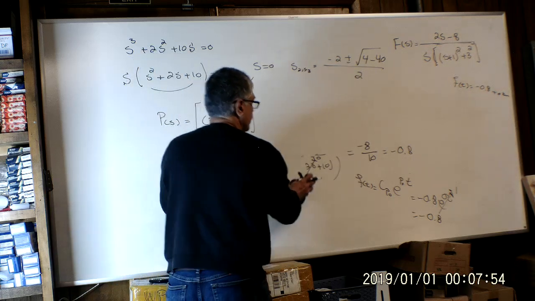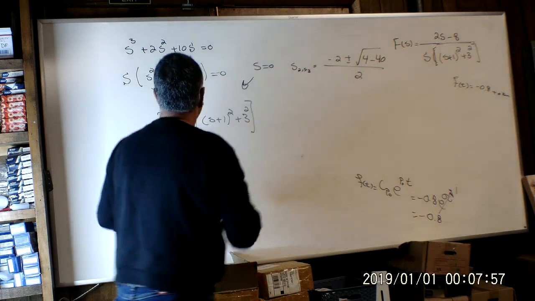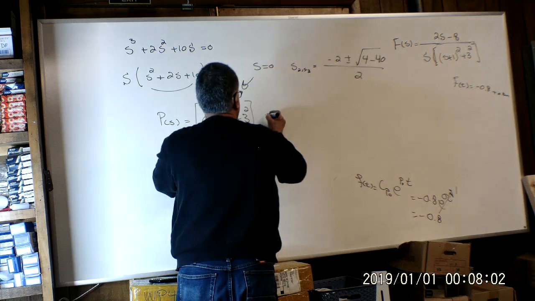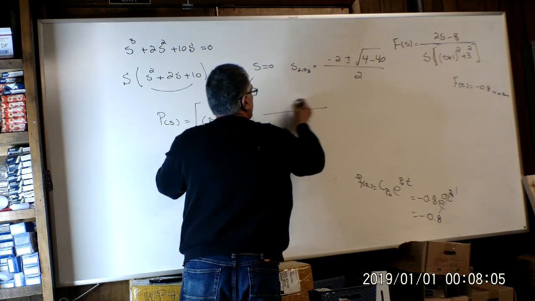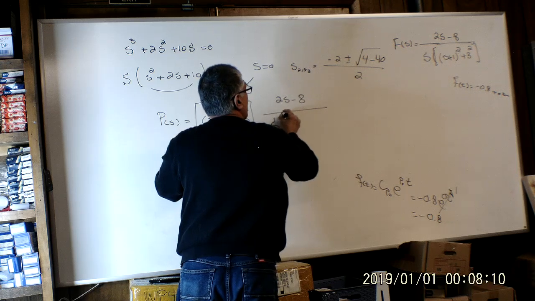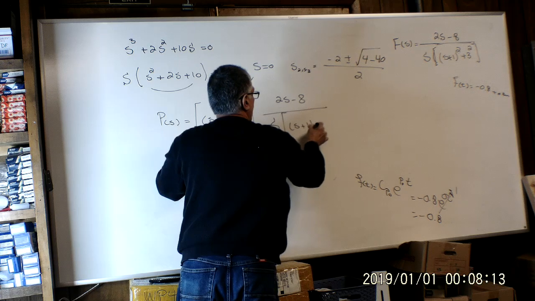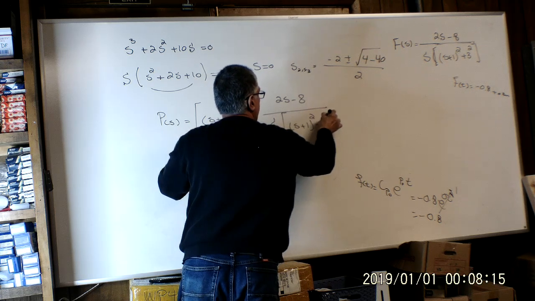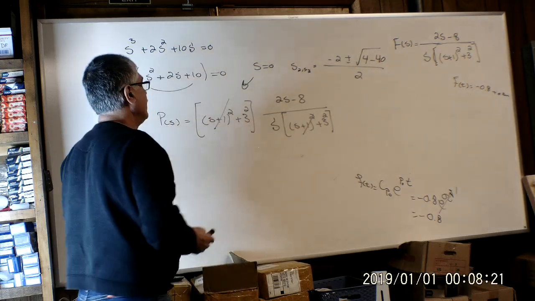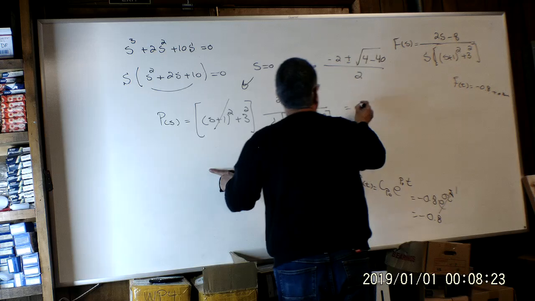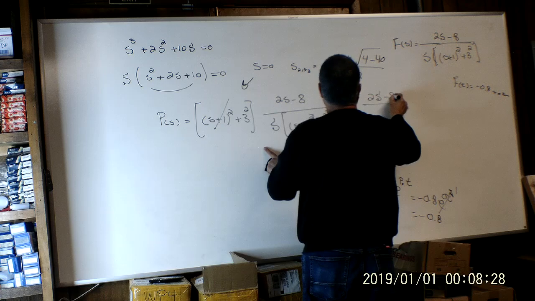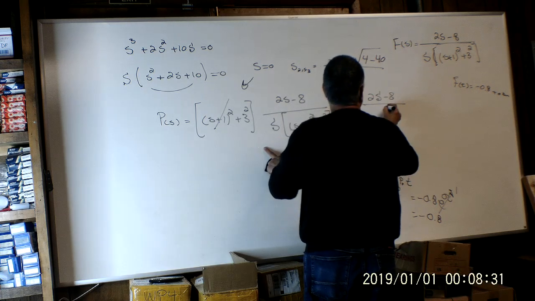So we find P(s) in this relation, this multiplied by F(s), which is 2s minus 8 divided by s multiplied by ((s plus 1) squared plus 3 squared). So here, these two terms will cancel out. So our P(s) will be 2s minus 8 divided by s.